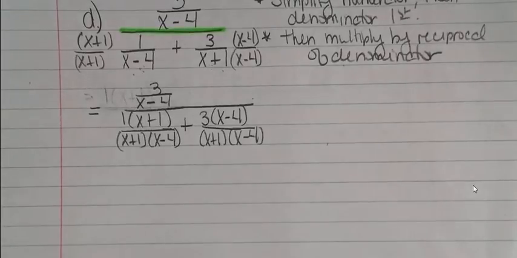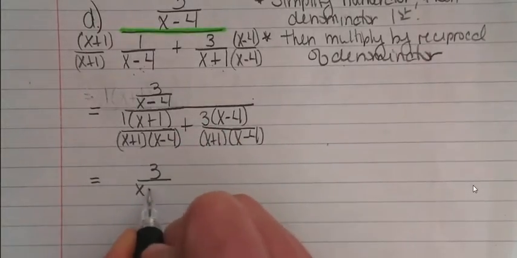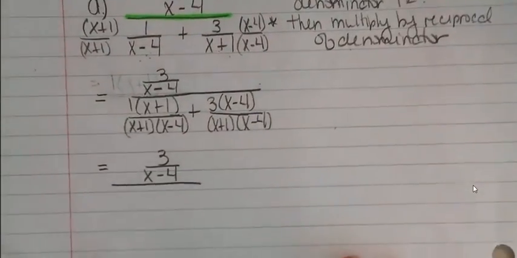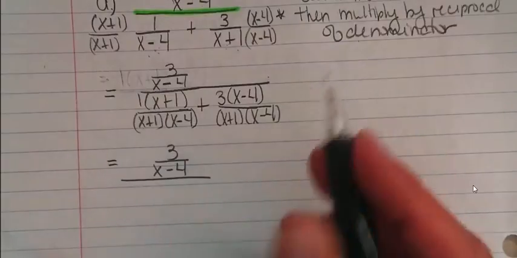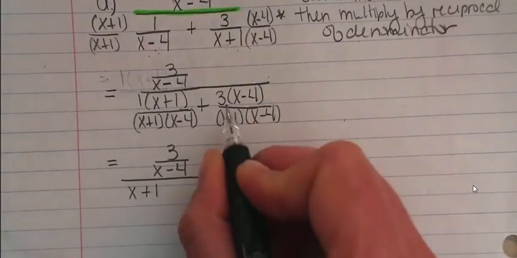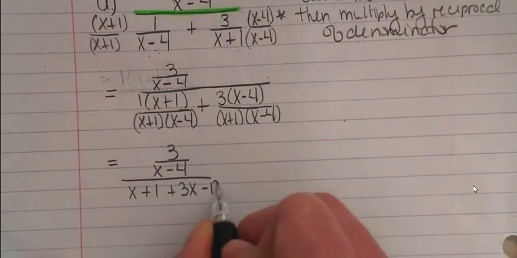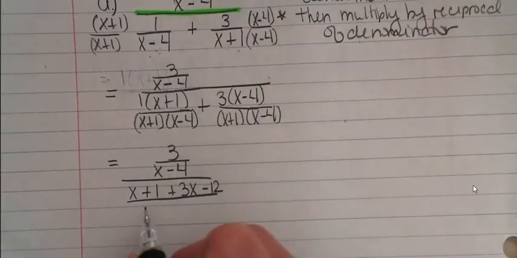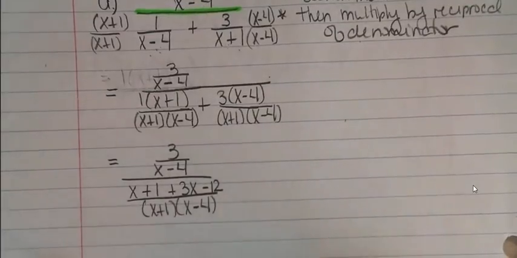Okay. Now leaving the numerator alone, but in the denominator, let's get rid of these parentheses and add it all together. So I'm going to have x plus 1 plus 3x minus 12 all over the denominator, which is x plus 1 times x minus 4.